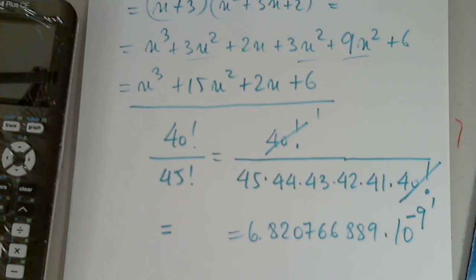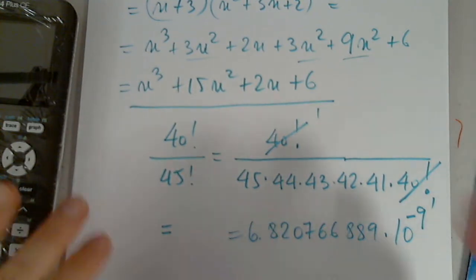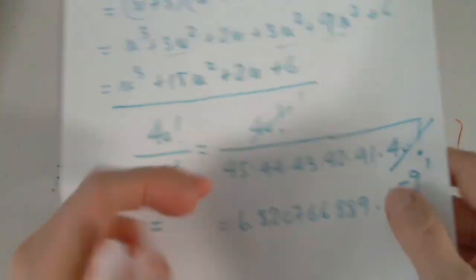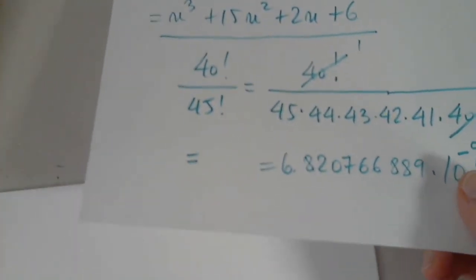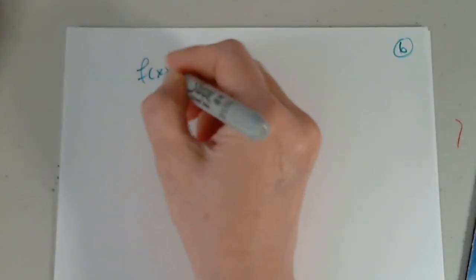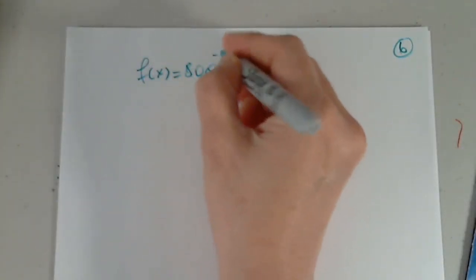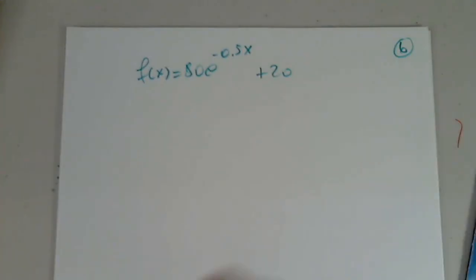Number 54. Okay, so we have an exponential function: the percentage of information that a particular person remembers. Okay, so that's our function, and I'm on page 6. So f of x equals 80 e to negative 0.5x plus 20.